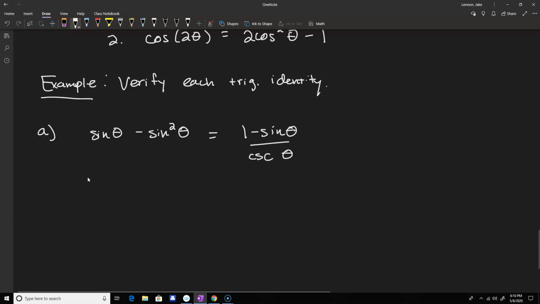So basically what we want to do here is start on the left-hand side and try to transform to the right-hand side.